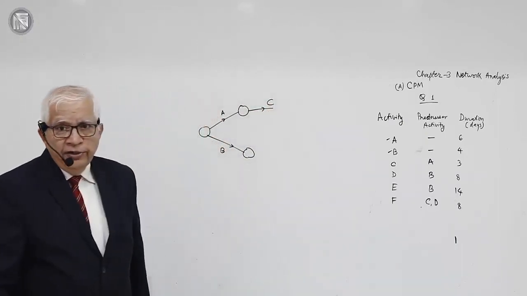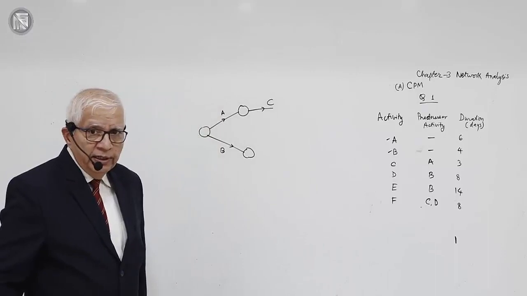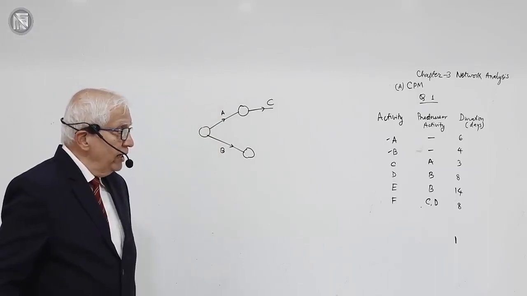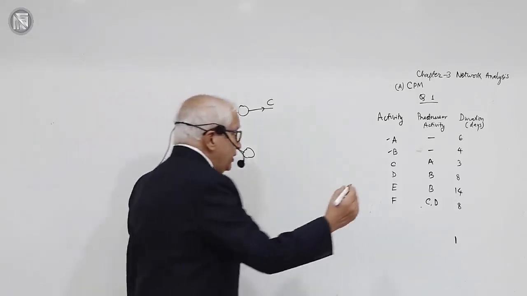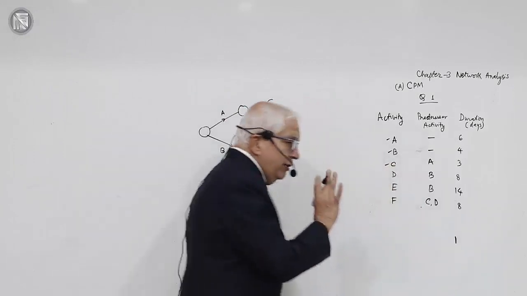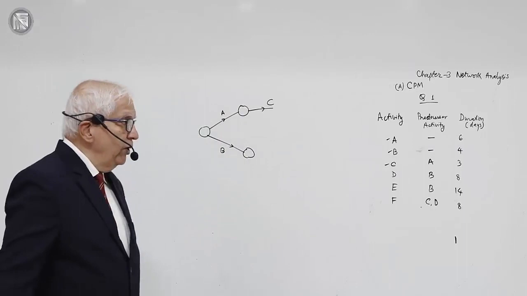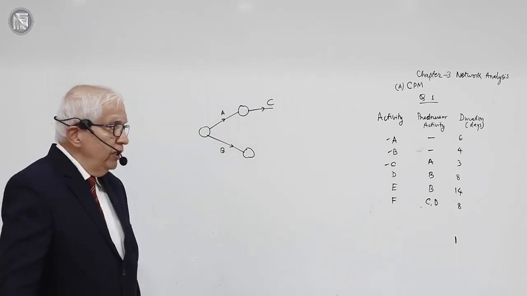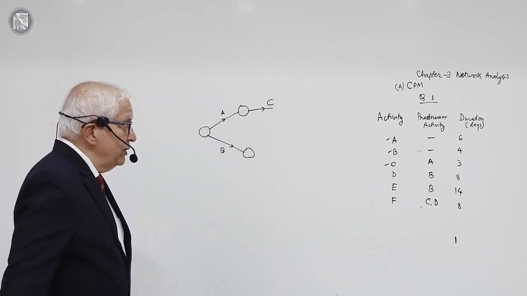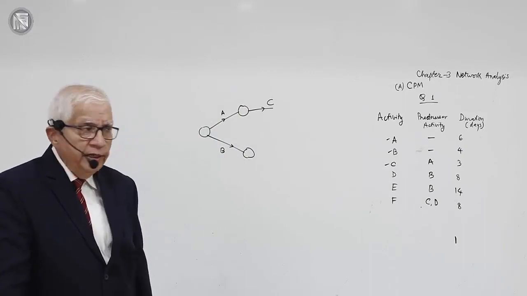Of course, I am going to end C also in another circle a little later. Okay, so I have drawn activity C. Just understand the process of drawing the network diagram. I am consciously taking up a very simple network diagram right now. Maybe after 3 questions, the diagrams are not going to be as simple. They are going to be a little more complicated.